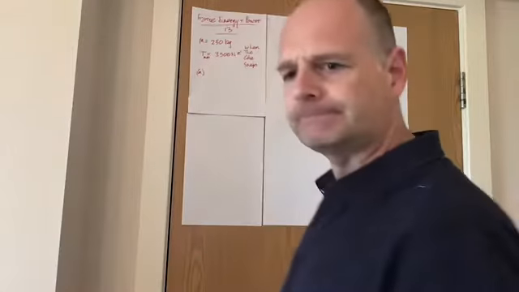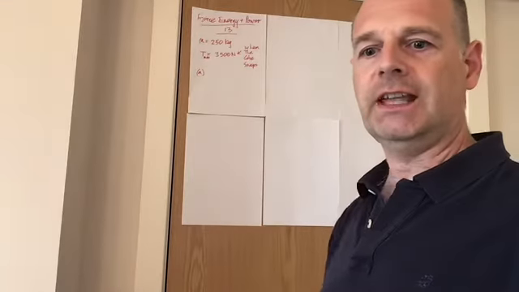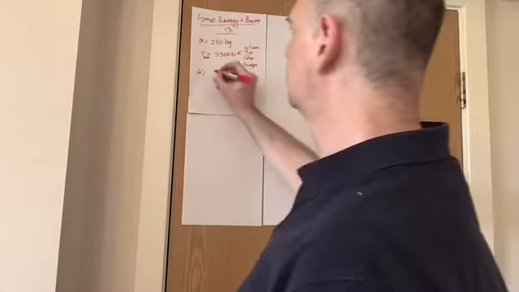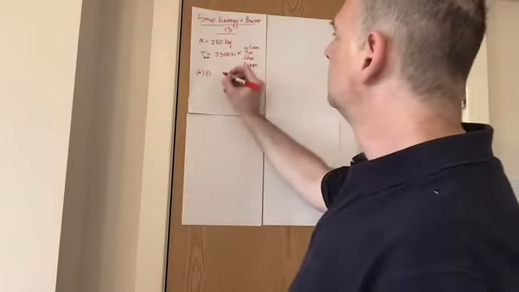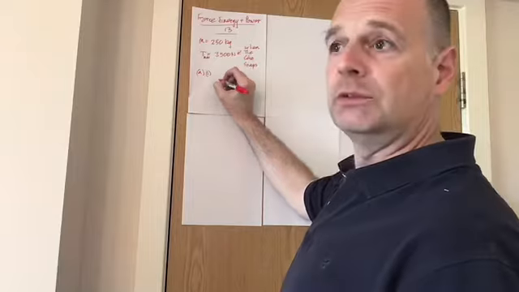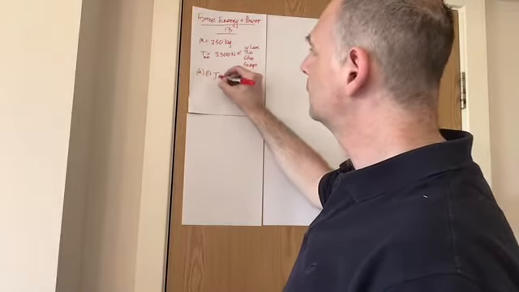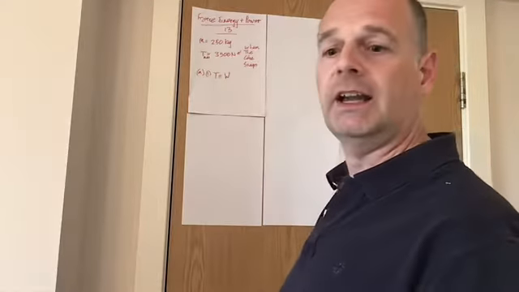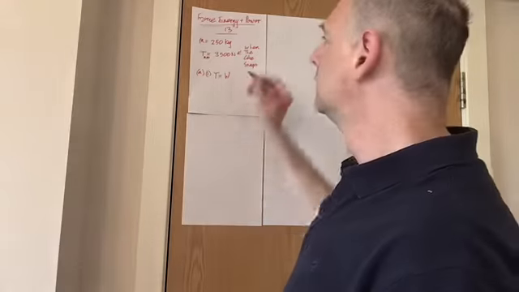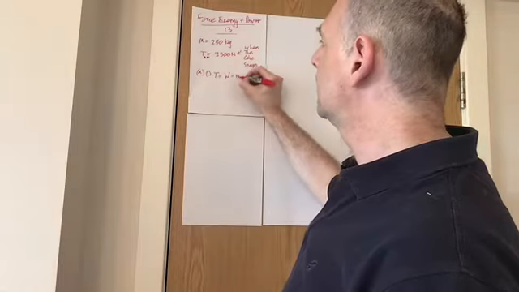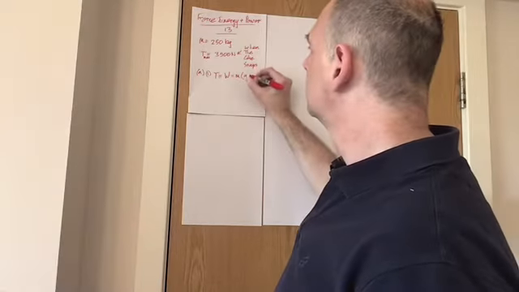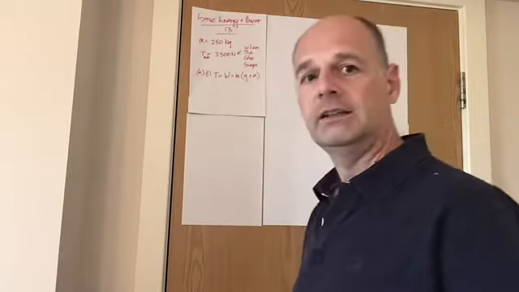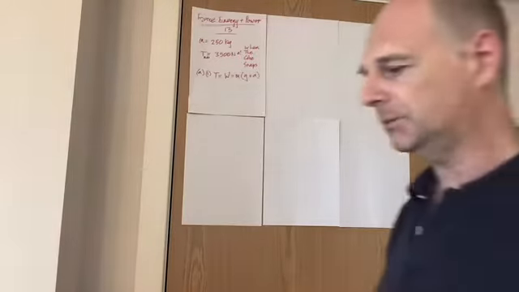Part A, we're asked, what is the tension in the cable when the lift is at rest? Well, we're going to use that formula again, because the tension in the cable is going to have to be equal to the weight that's hanging from the cable. And that's going to be the mass multiplied by G to get the weight, and also by A to allow for any acceleration that's happening.